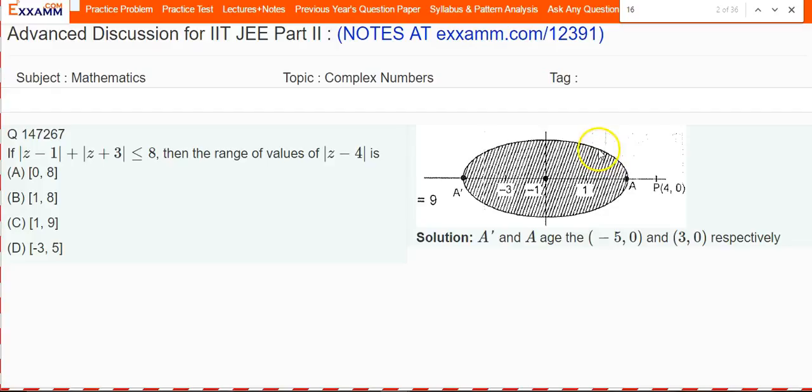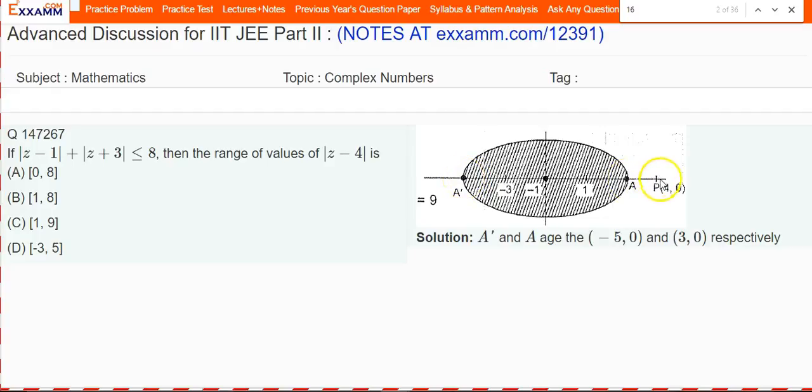And what is modulus of z minus 4? Z is some point on the ellipse, anywhere on the ellipse or inside it. It may be here, it may be here. So all these points. And so what are the values? Now in all such cases, the first thing we do is draw a line joining the given point and the center, and the minima and maxima would lie on this line.